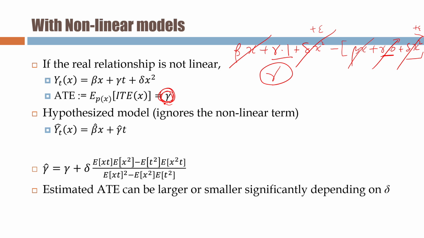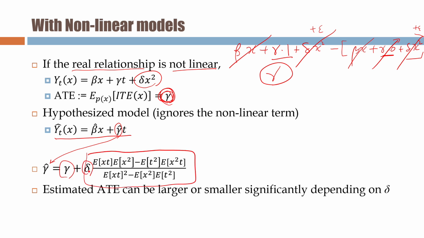However, this is the case where the real relationship has this nonlinear term, but if we use just a linear term, what will happen is the estimated gamma is the real gamma plus this part.